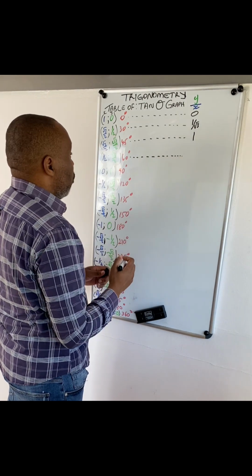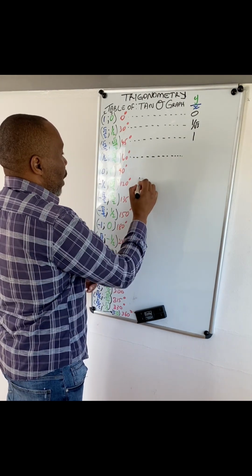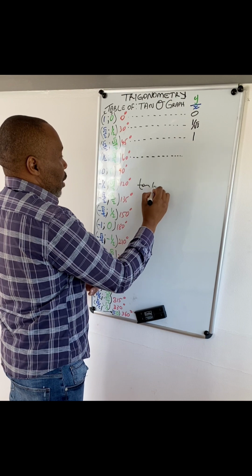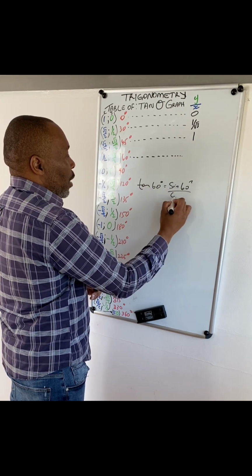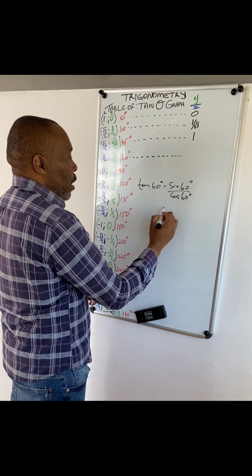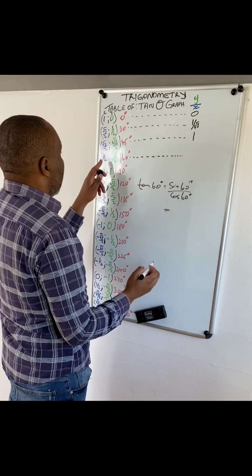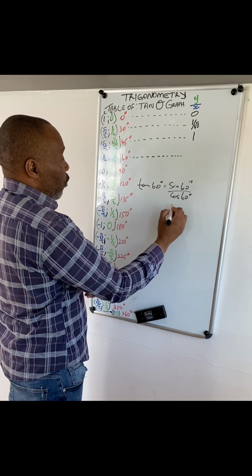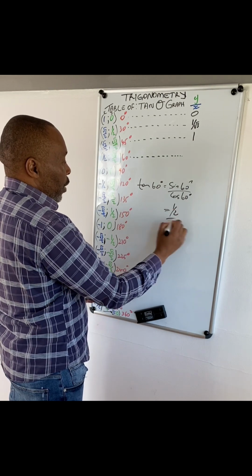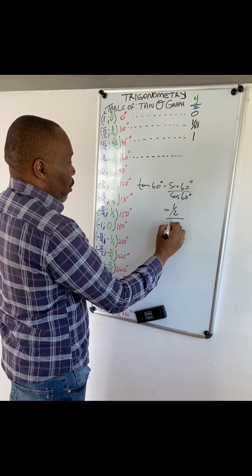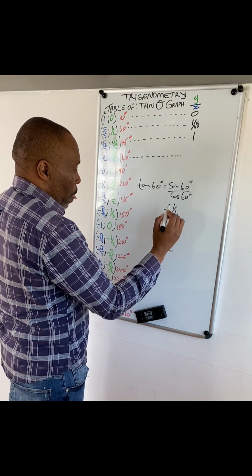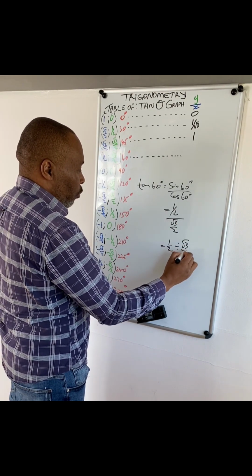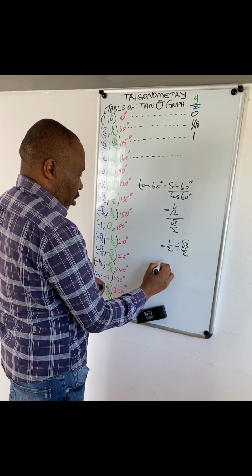Soon we will graduate. So we're now dealing with tan 60 degrees equal to sine of 60 degrees over the cos of 60 degrees.